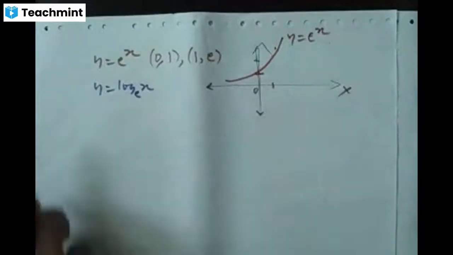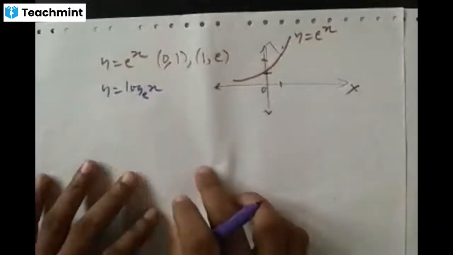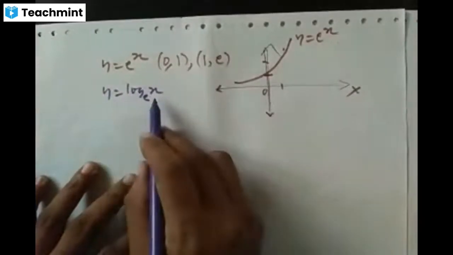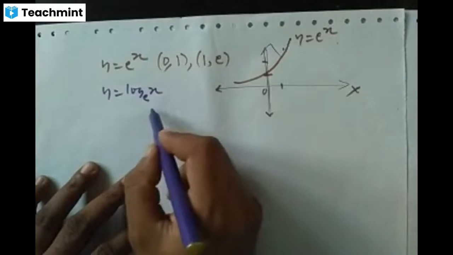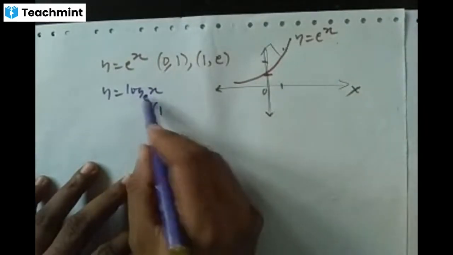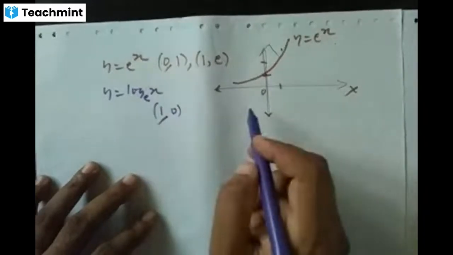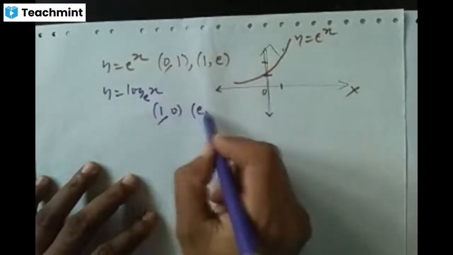Okay, next we shall draw the graph of the natural logarithmic function. So for that I require 2 points. First I will put x is 1, log 1 to any valid base is always equal to 0, correct? So I got the point 1 comma 0. Next I will take the value of x as e.